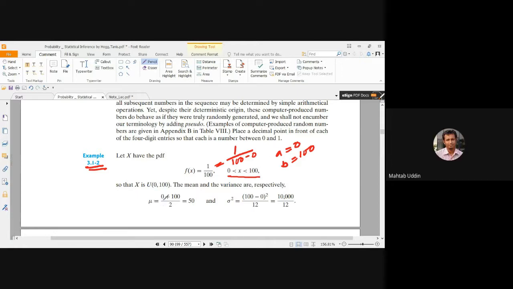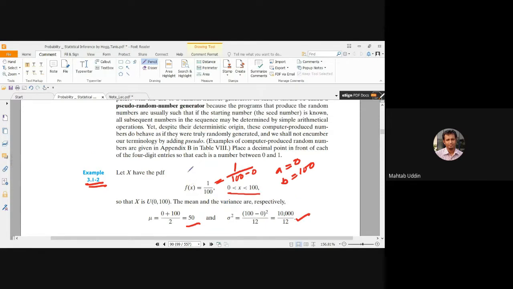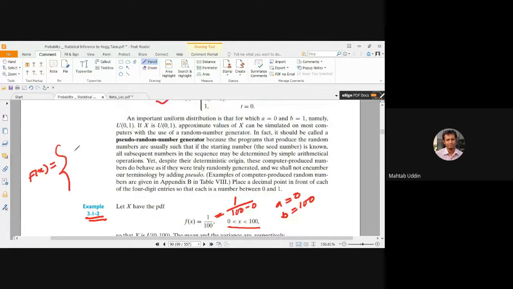So the mean is (a plus b) by 2, that is 50, and the variance is (b minus a) whole square by 12. Since we have the PDF, we can find the CDF also. The CDF F(x), as I have said, before entering the given interval is 0, so for x less than 0 it is 0.